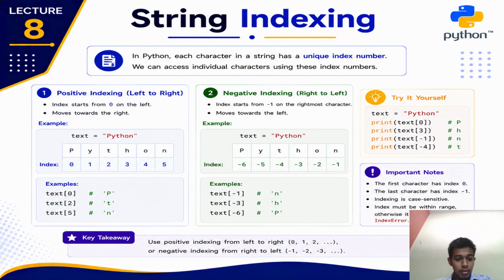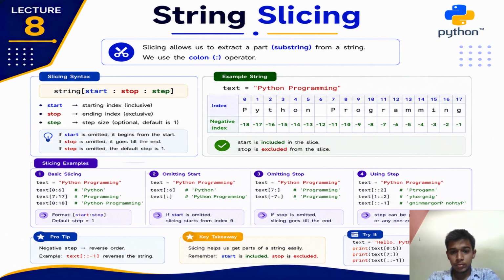So now moving on to our next slide. We have learned about string indexing in our previous slide. If that concept is not clear to you, you can go back to the previous slide and learn it from the start, because string indexing is the basic concept of string slicing.